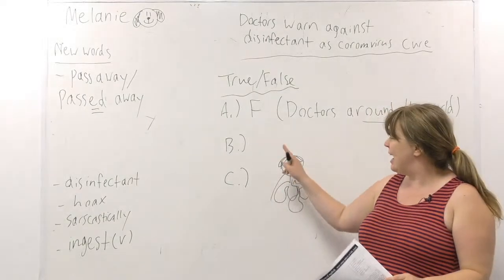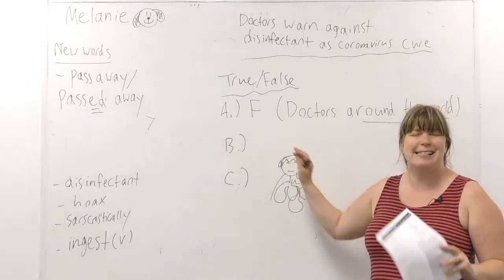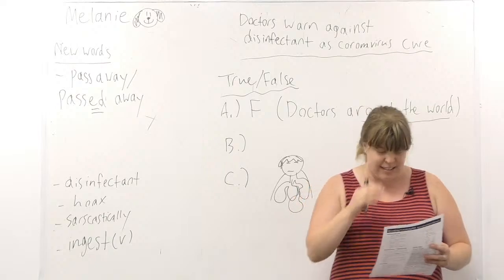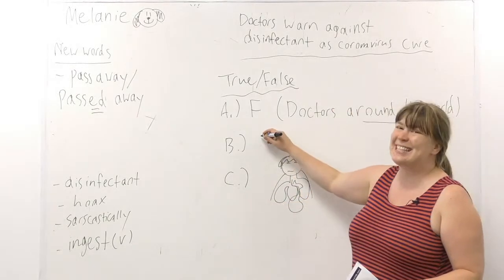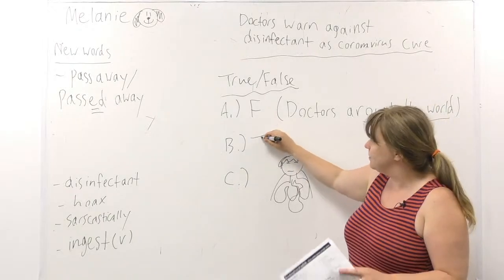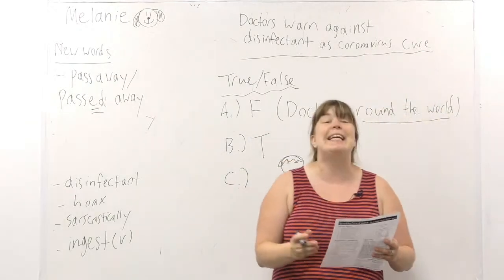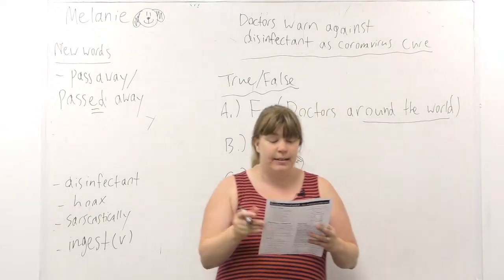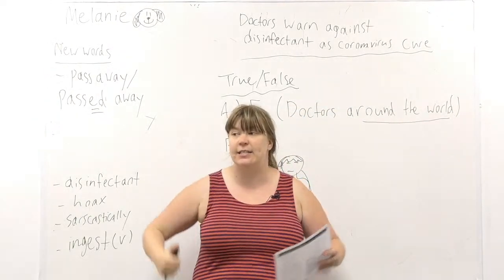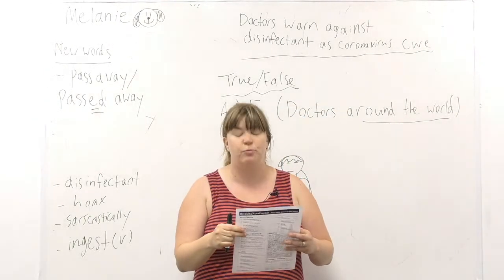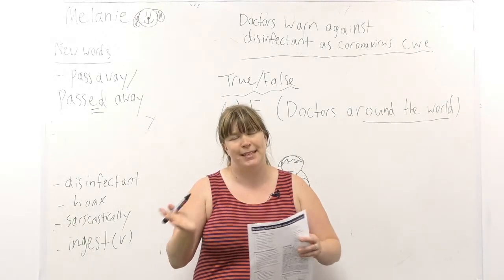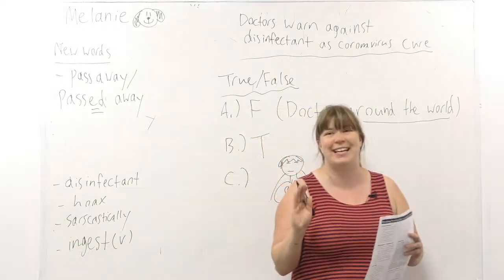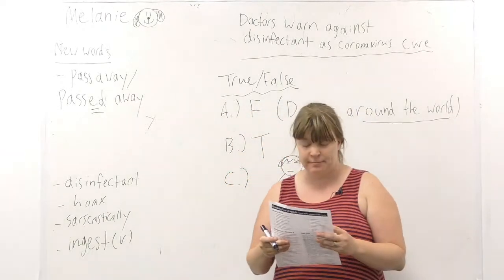Okay, and letter B, any thoughts? Okay, true. Yes, that is correct. Good job. Donald Trump did say that disinfectant is an effective COVID-19 cure. He did say that, but it's not actually a good thing. He's lying.